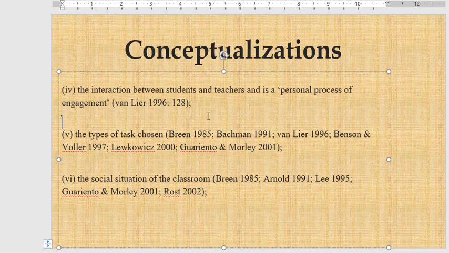Yes, this is true, but it only refers to the communication between teacher and student. But sometimes students need to do self-study or study some text or use some tasks or exercises. Number 5, the types of tasks chosen.